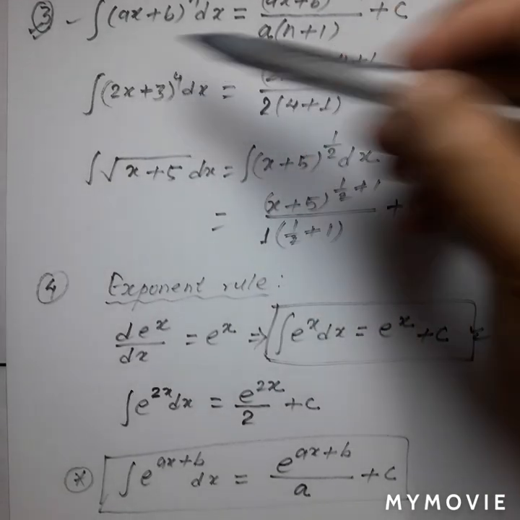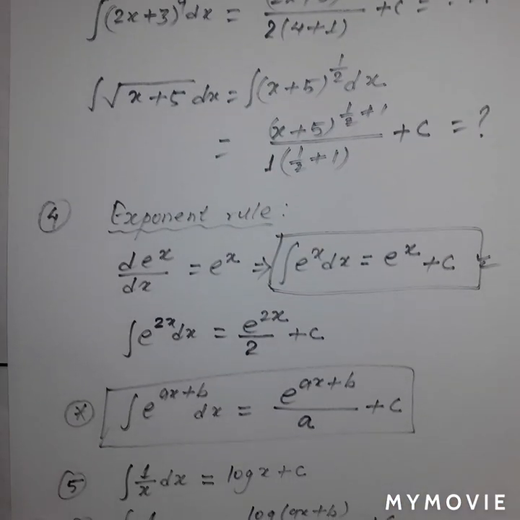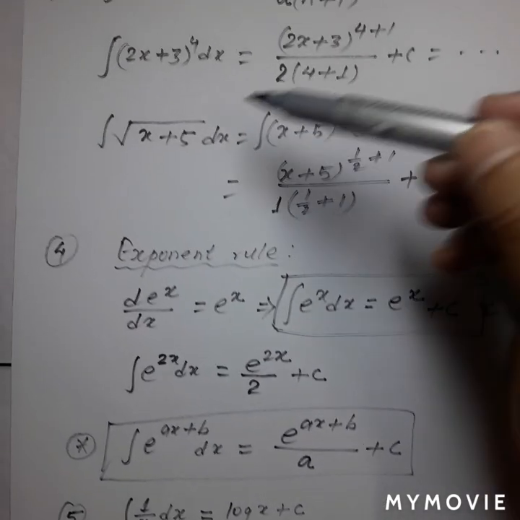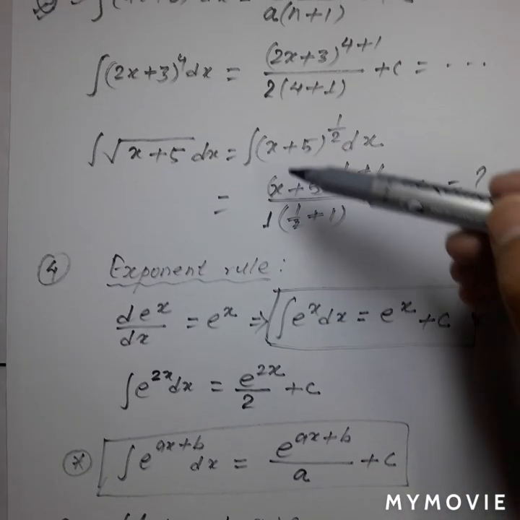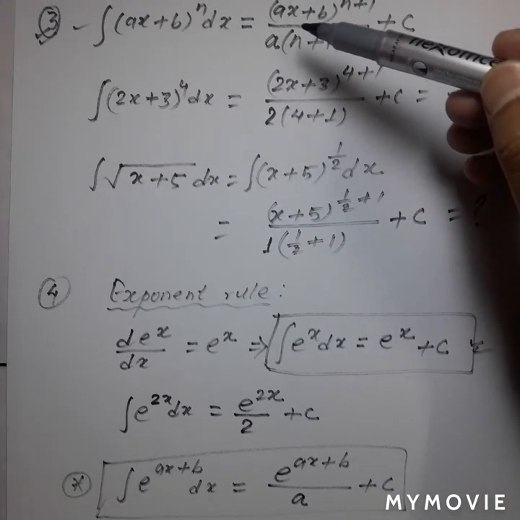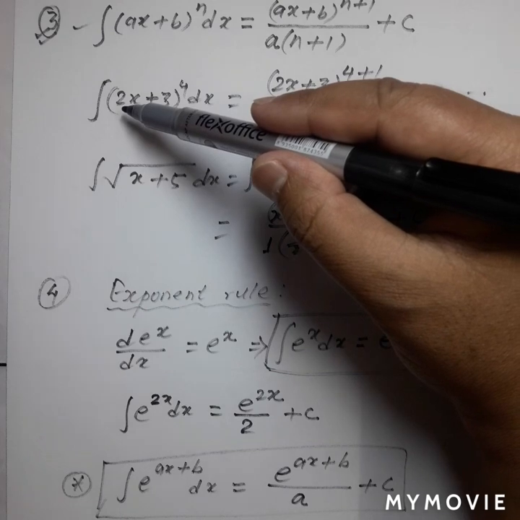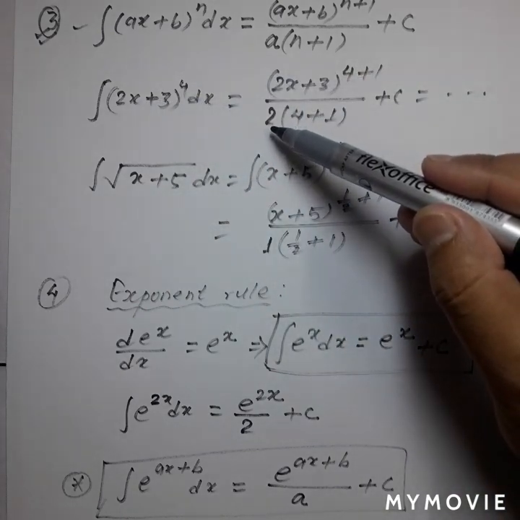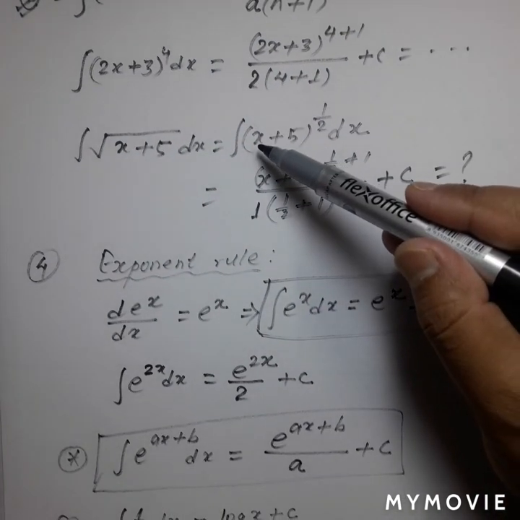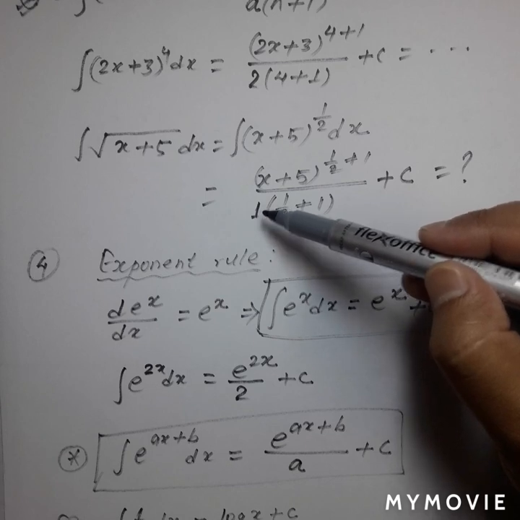So in formulas 3, 4 and 5, one thing is similar. While doing integration, we need to divide the answer by the coefficient of x. Look here, the coefficient of x is 2, that's why we divided by 2. Here the coefficient of x is 1, so we divided by 1.